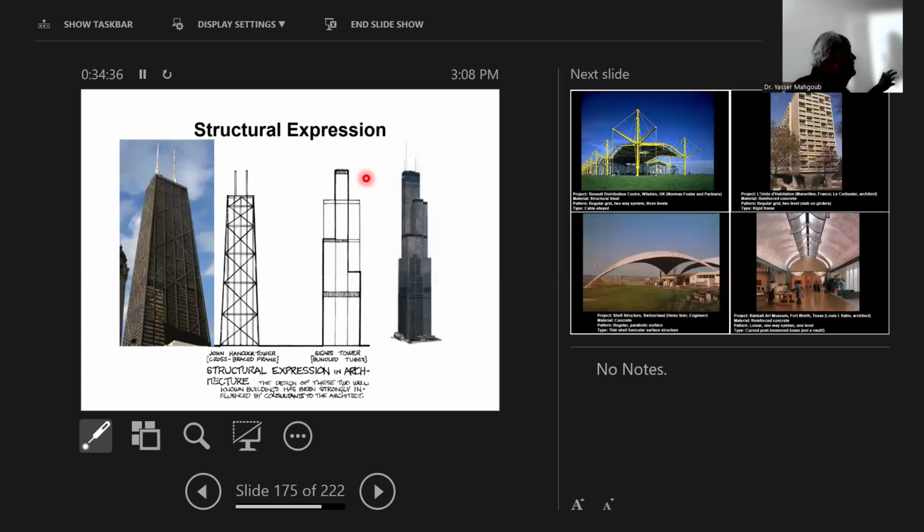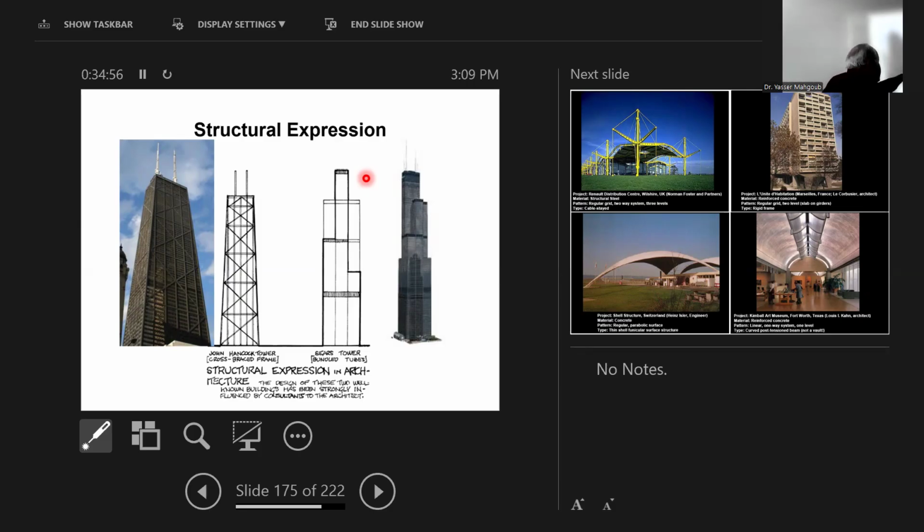When you think about Sears Tower in Chicago and the Hancock Tower, you see that the structural system, these braces and these tie beams, are an important expression of the structure.